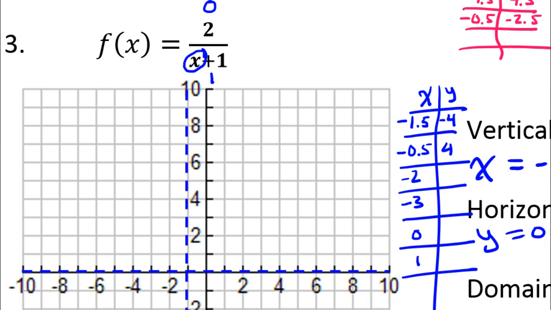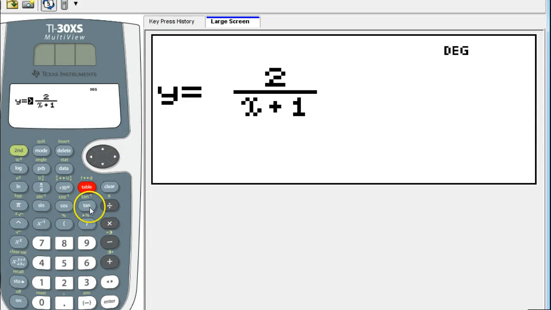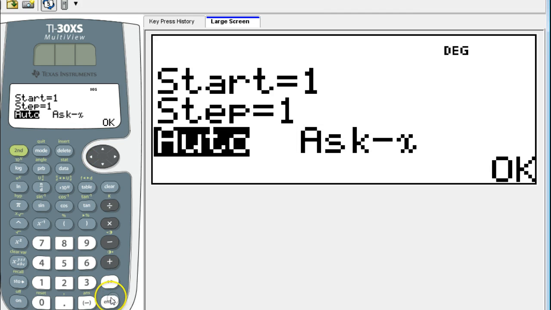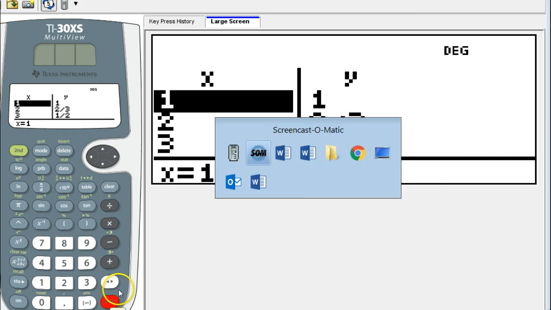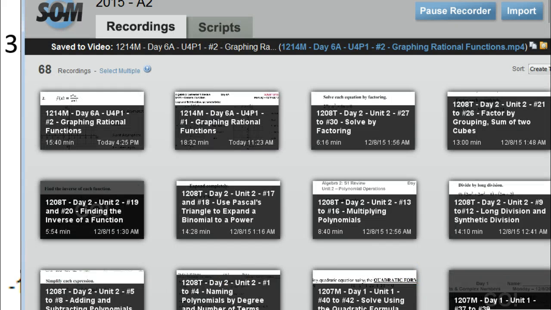Okay, the rest of these, I think it would be easier to go ahead and switch out of ask mode and back into auto. Okay, so I wish I would stop doing that. So I need -2, -3, 0, and 1.